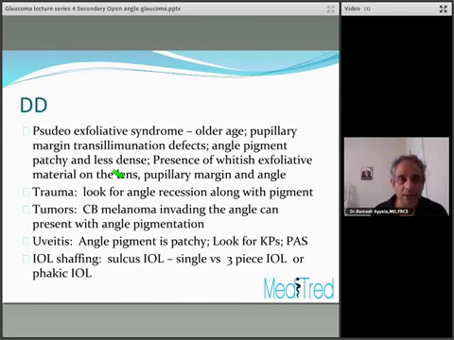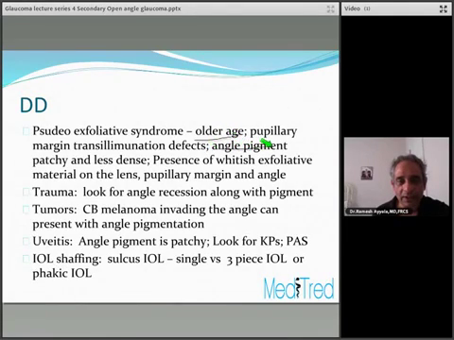So the differential diagnosis for pigmentary glaucoma includes pseudoexfoliative syndrome. Now remember, pseudoexfoliation is seen in older age compared to pigment dispersion syndrome, which is seen in a younger age population. Pupillary margin transillumination defects are present in pseudoexfoliation. We went over this before, as opposed to mid-peripheral transillumination defects in pigment dispersion syndrome.